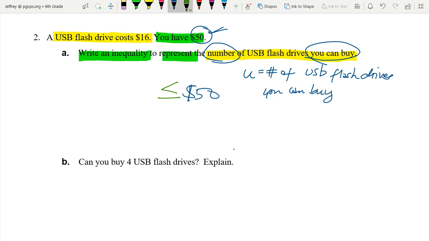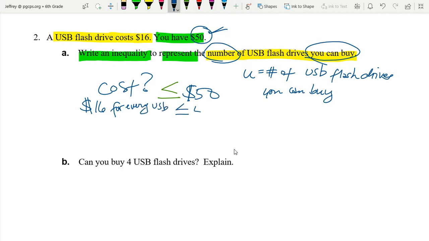Now, the cost of flash drives should be less than or equal to 50 bucks. And what's the cost of the flash drive? The cost is $16 for every USB.